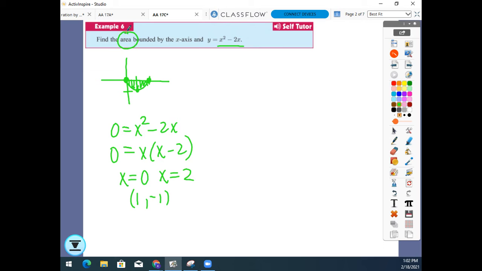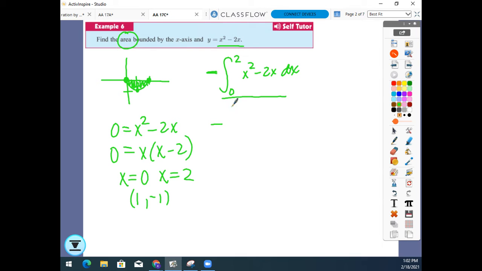If we want to find the area, we just do the opposite of the integral from 0 to 2 of x squared minus 2x. The integral value itself will be negative, so this is just making it the opposite of a negative, which will make it positive. So anytime it's below the x-axis, you just change the sign and make it positive.